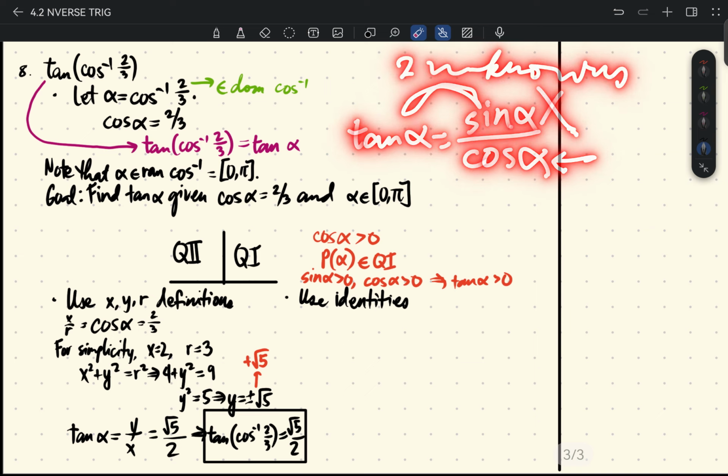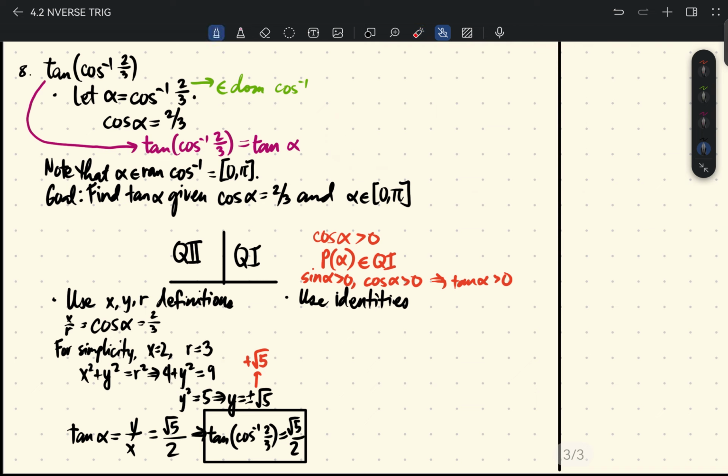Instead, we can resort to the Pythagorean identity. 1 plus tangent squared alpha equals secant squared alpha. And take note, secant squared alpha is just 1 over cosine squared alpha. So let's use this one.